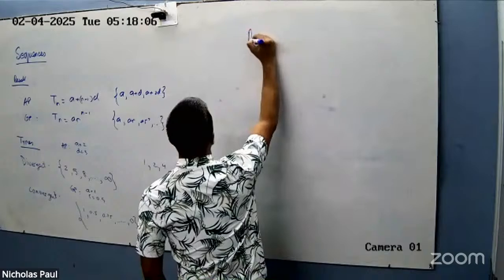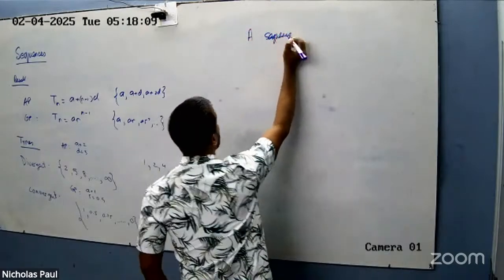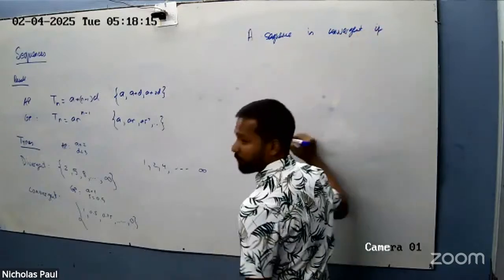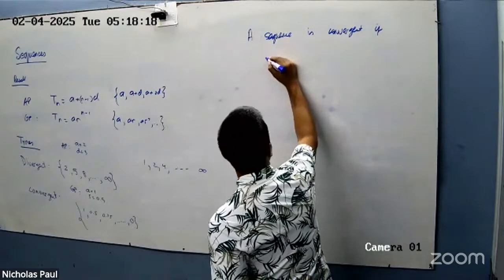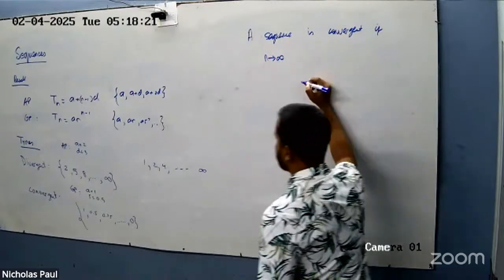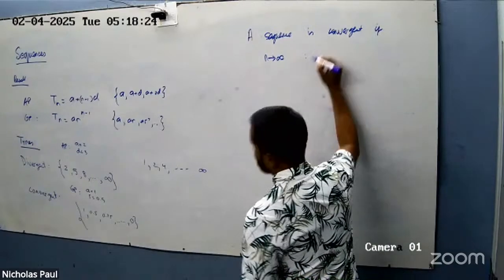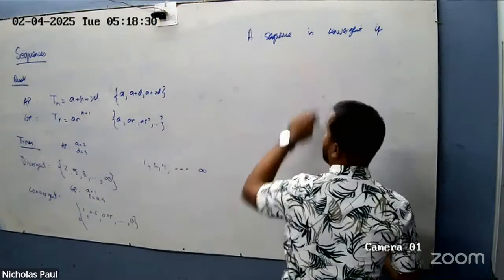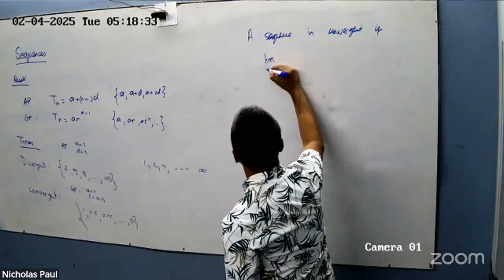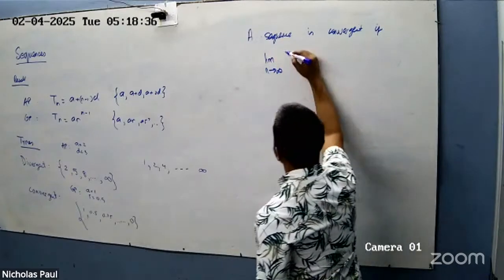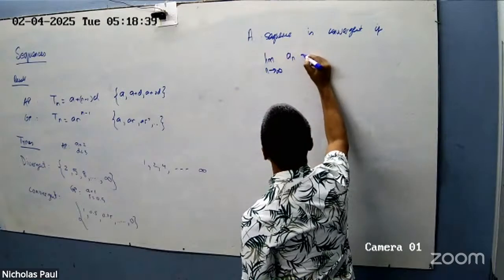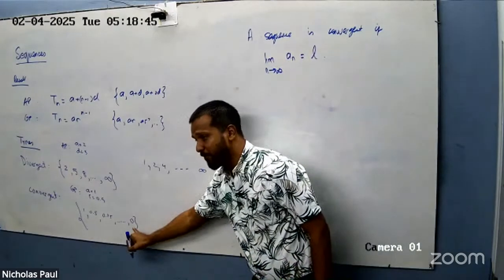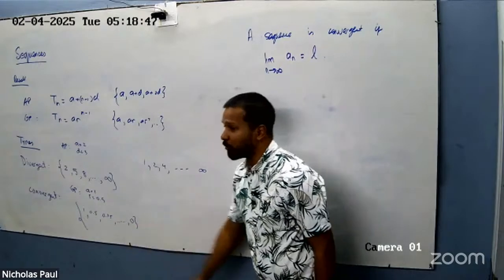A sequence is convergent if, as n approaches infinity, the limit of the sequence a_n approaches some value L. Here, as the sequence approaches infinity, L is 0.